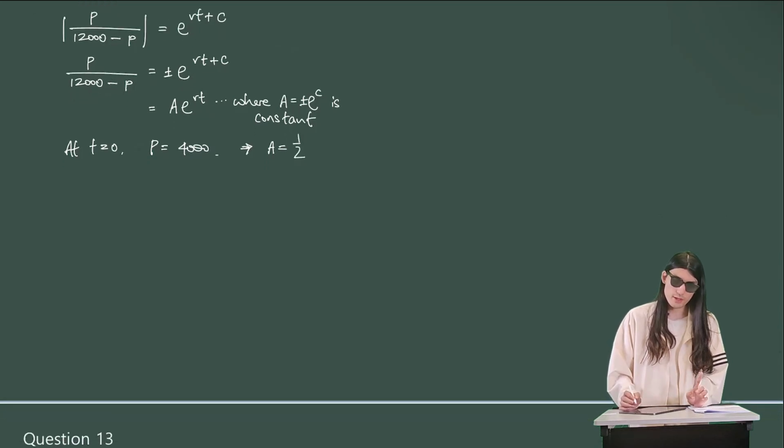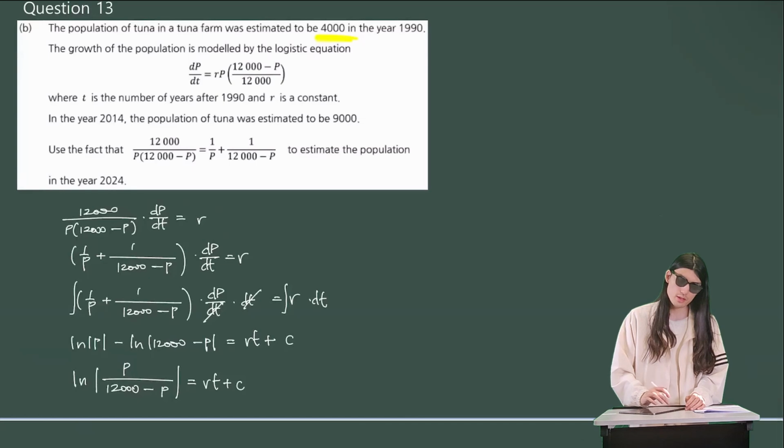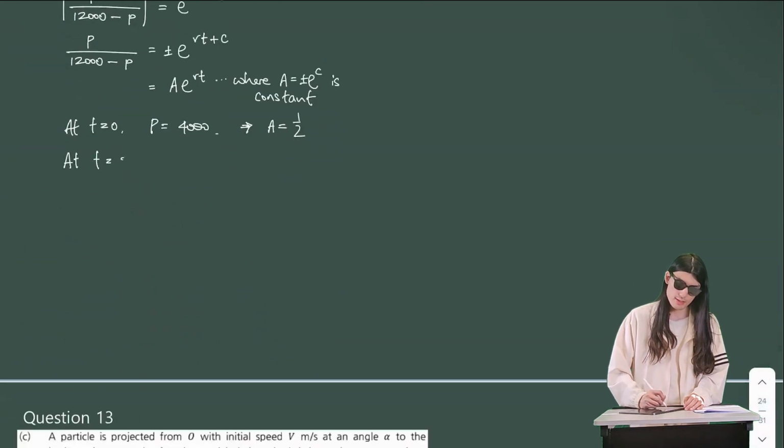And also you can find the value of r by subbing in the fact that the population is 9,000 in the year 2004, which of course is 24 years after 1990. So when t is equal to 24, population is equal to 9,000.